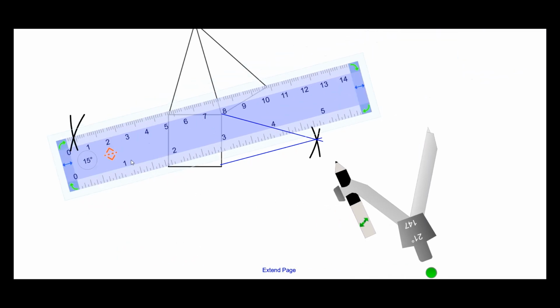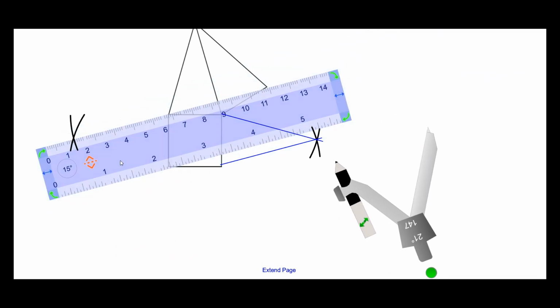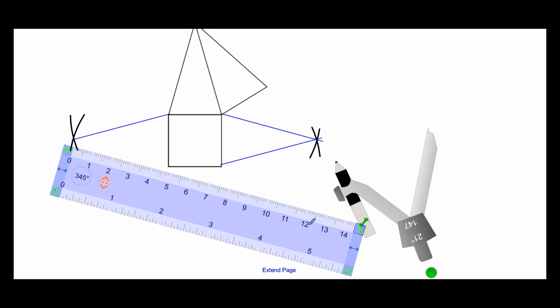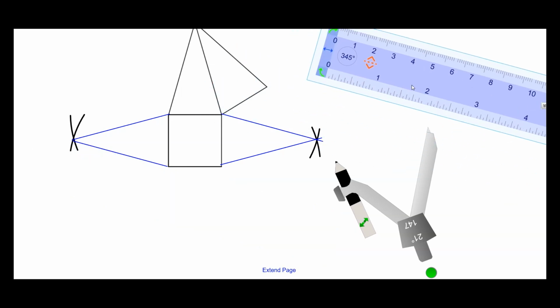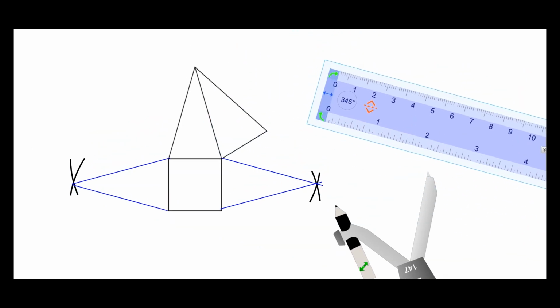And again, we just join the lines. Now, mine is not perfect, but I'm sure yours will be perfect. It's a little bit more difficult to be precise on the screen with that equipment. So that's it. And we have the net. Nothing more than that, really.